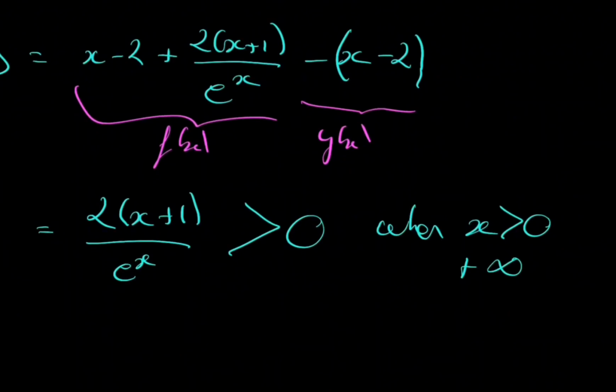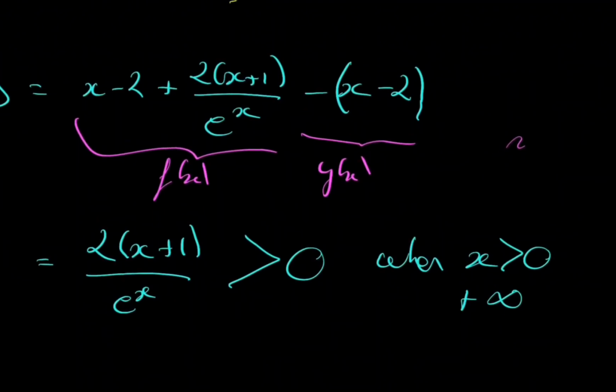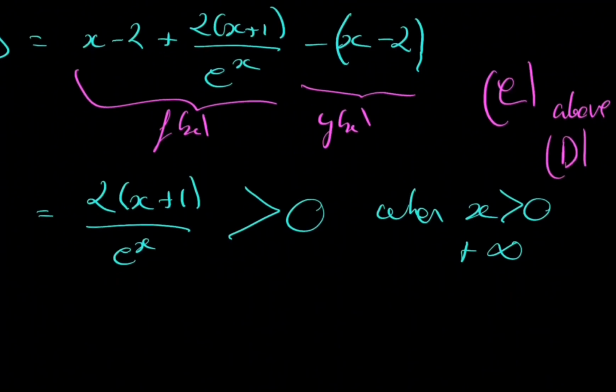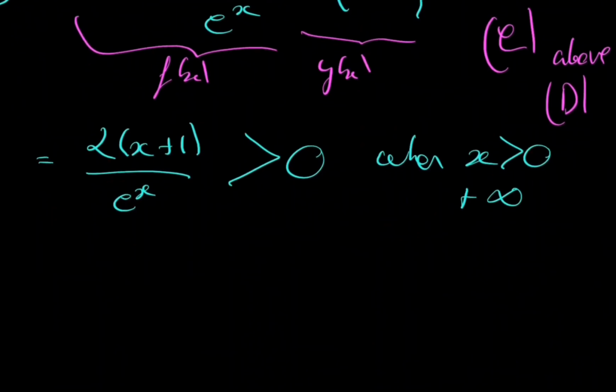So we've got C that is above D, C being the curve of the function, D the line, and then as we proved before, this will tend to 0 when x tends to plus infinity.